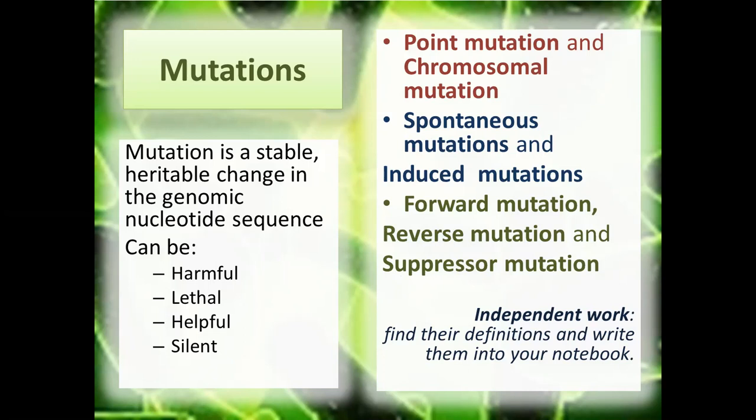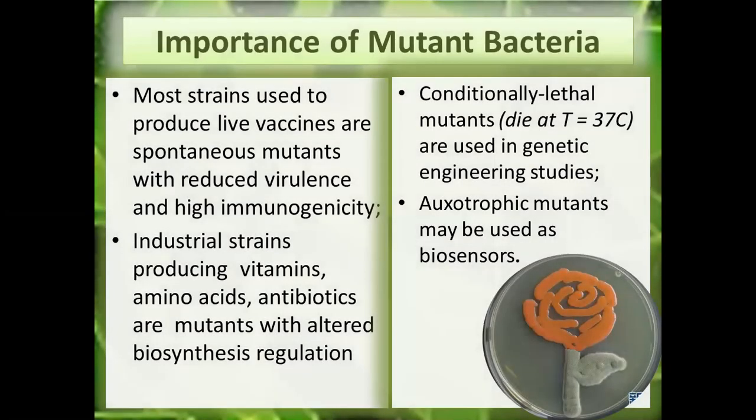Next topic, antibiotics and bacterial genetics. And what is the medical importance of bacteria with mutations, mutant bacteria? The strains used to produce a live vaccine are spontaneous mutants with reduced virulence and high immunogenicity.